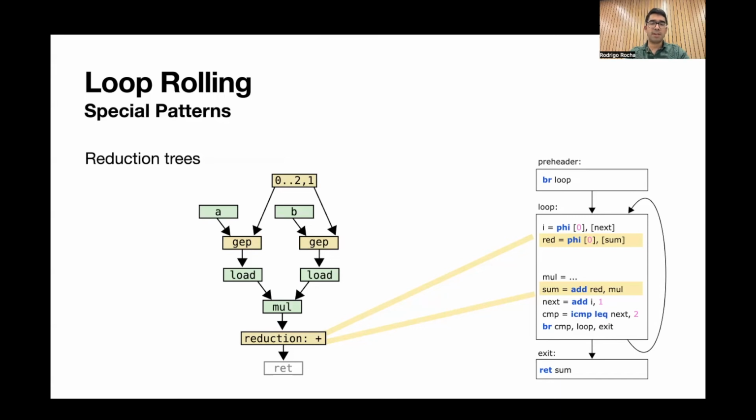And then we have a second instruction that actually performs the reduction operation itself, which feeds back into the phi node. The remaining of the alignment graph goes in between these two instructions, and it computes the value that goes into the reduction operation. In this case, it's this multiplication that feeds into the addition.